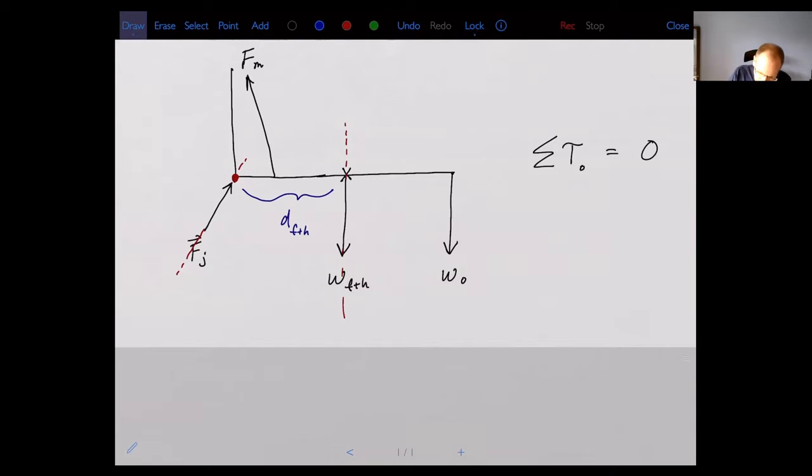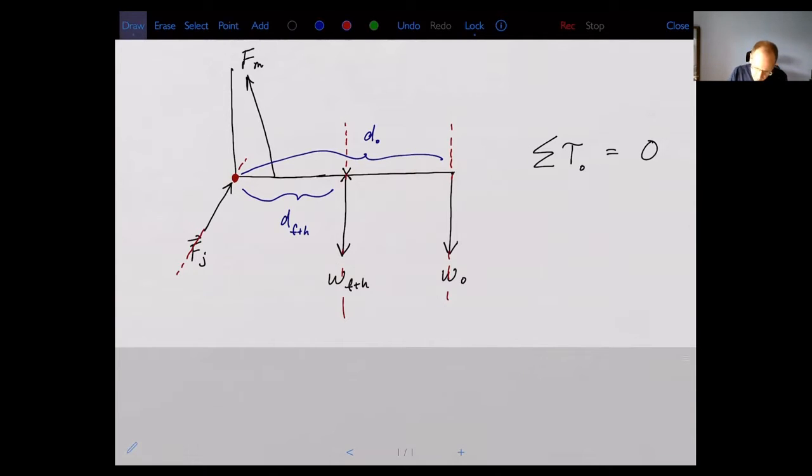Okay, what about the weight of the object? Well, this is the line of action of that force. So the perpendicular distance is just this horizontal distance. Let me do that in blue again. I'll call it DO. So that's the moment arm for the weight of the object.